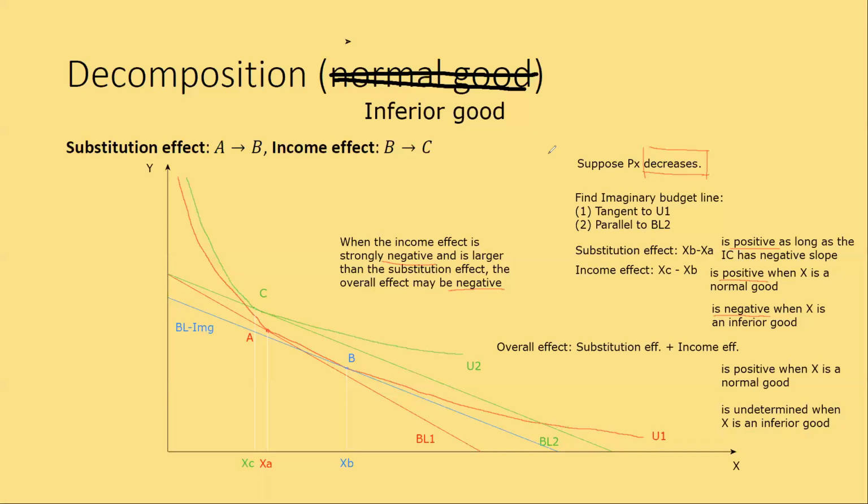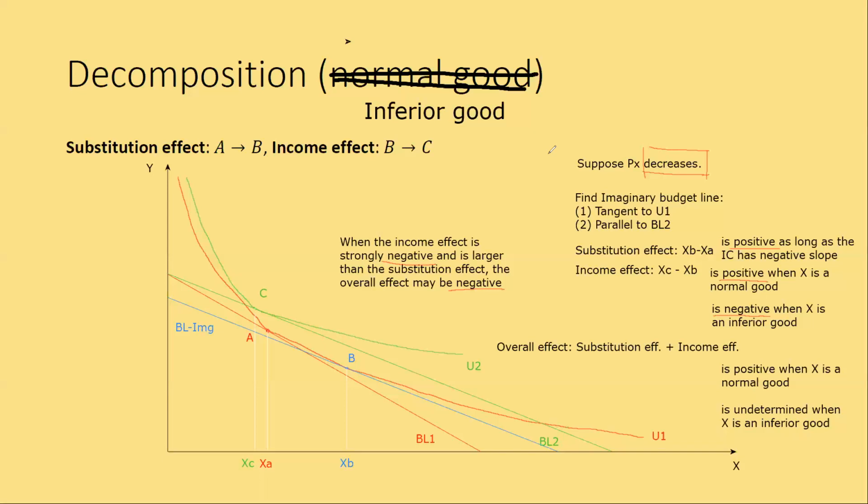To do the decomposition, we are going to find an imaginary budget line, our blue budget line, BL imaginary. This imaginary budget line has to be tangent to the indifference curve that passes through our original optimal bundle, which is point A. Also, it has to be parallel to our new budget line, BL2.